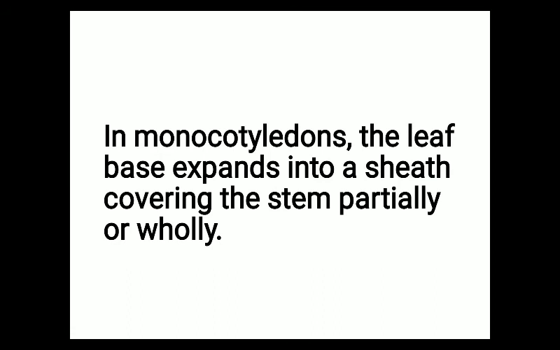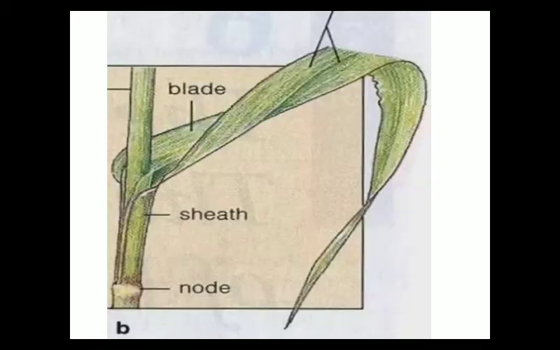Now, in monocotyledons, the leaf base expands into a sheath covering the stem partially or wholly. In a monocot plant, especially a maize plant, this is a leaf of a maize plant. This is a node from where the leaf arises.